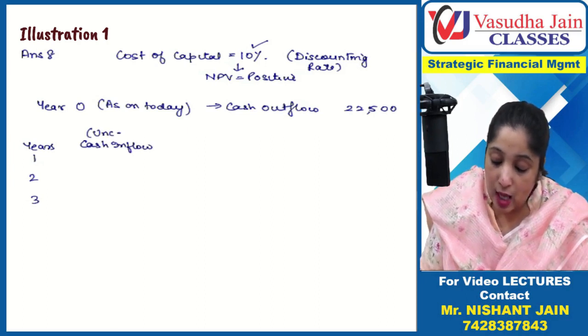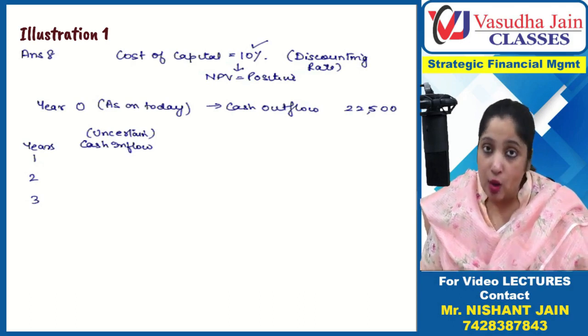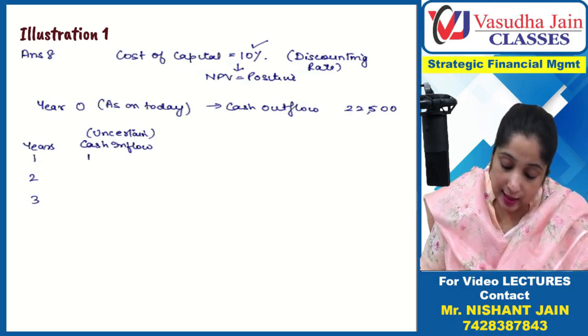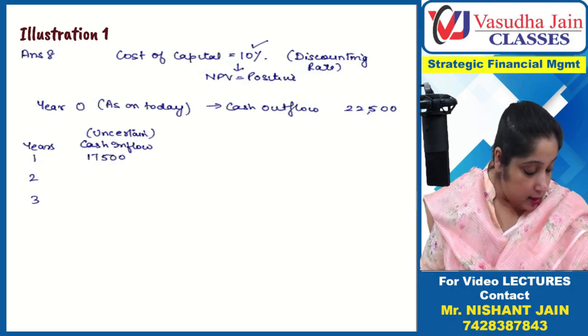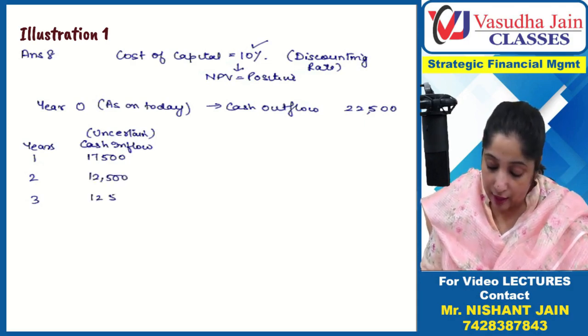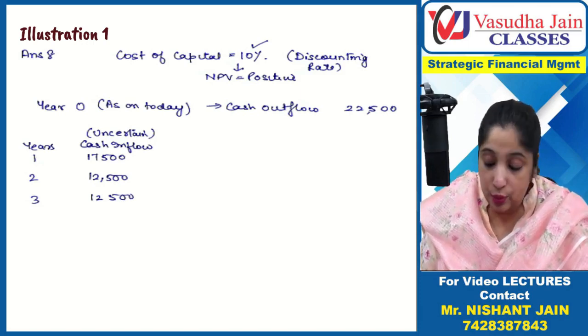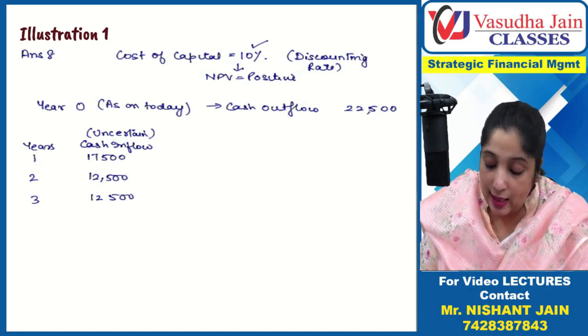These cash inflows are uncertain cash flows. They are not certain. They can occur, they cannot occur. These are 17,500, 12,500 and 12,500. Now, step number 1: what are you going to do? You're going to compute certain cash flows.